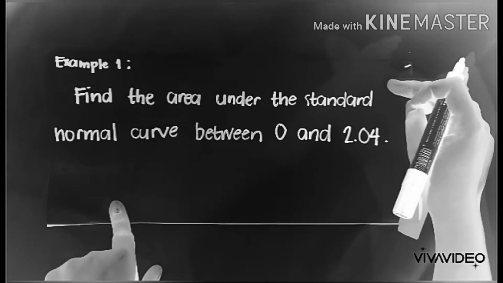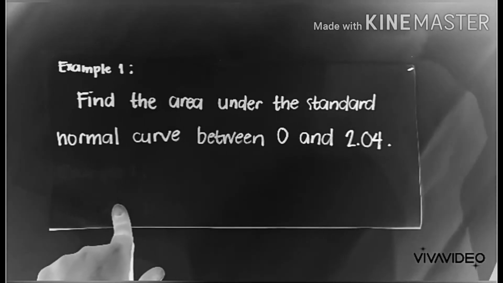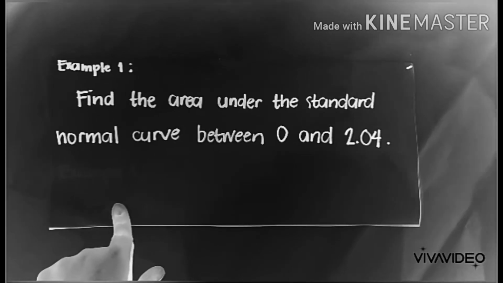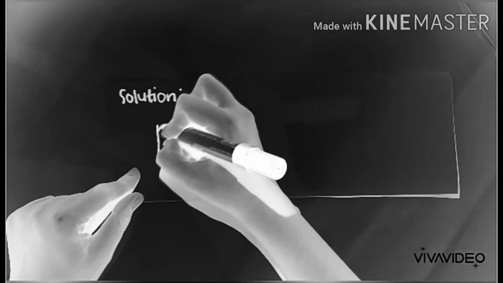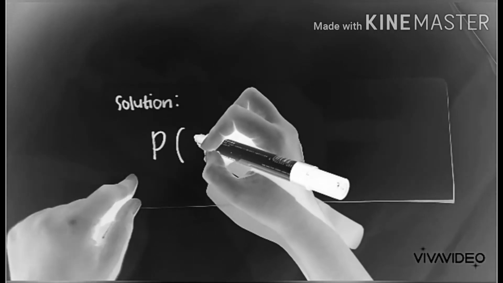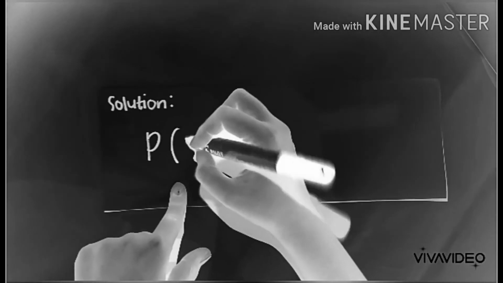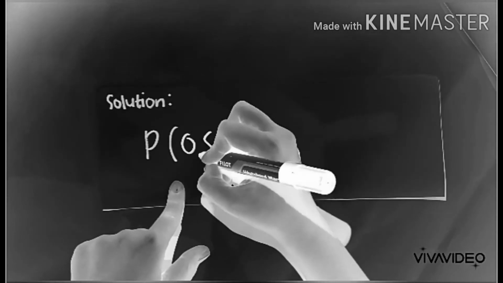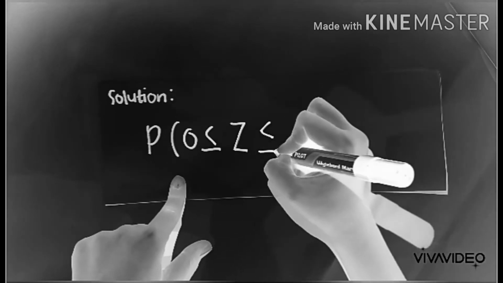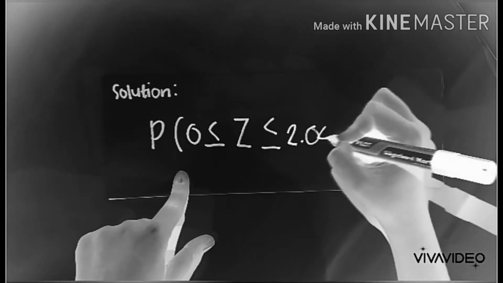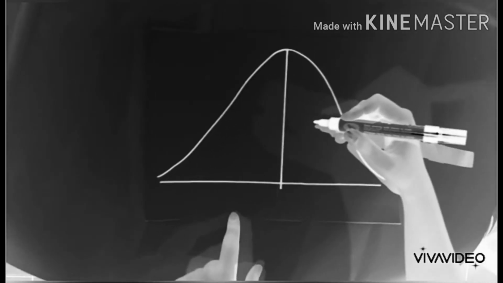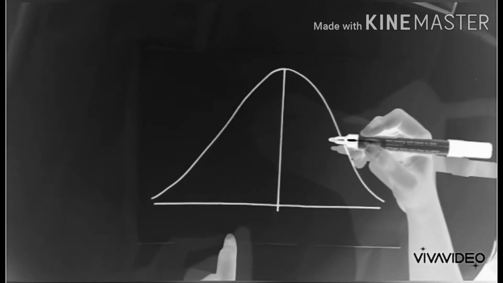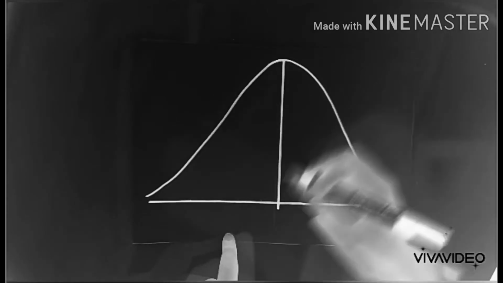Example number 1. Find the area under the standard normal curve between 0 and 2.04. Solution: this is the probability that z lies between 0 and 2.04. Let's draw a bell-shaped curve. Because it is standard, that means the mean is 0.